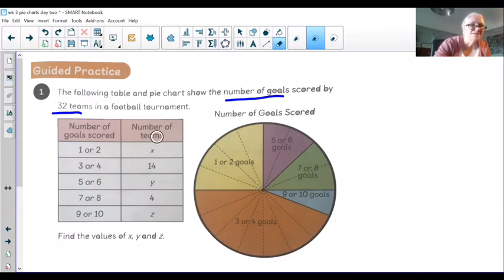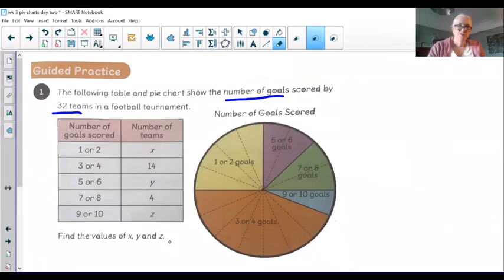Well, it just says X, which, as we know from our algebra, represents an unknown number. 3 or 4 goals were scored by 14 teams. 5 or 6 goals were scored by Y. Again, that's an unknown number. 7 or 8 goals were scored by 4 teams. And 9 or 10 goals were scored by Z teams. And as you can see, the question here is to find the value of X, Y, and Z. Okay, so how are we going to do that?